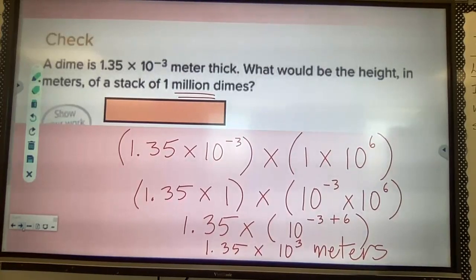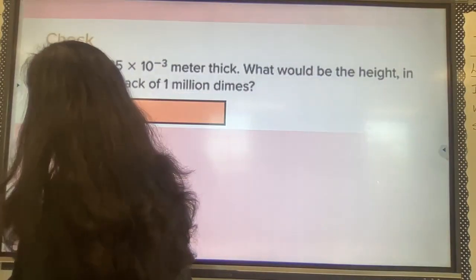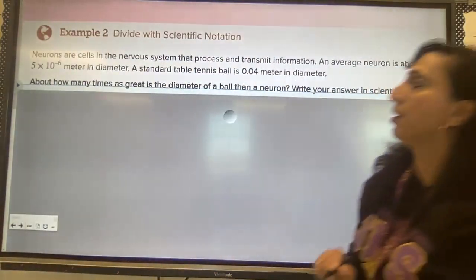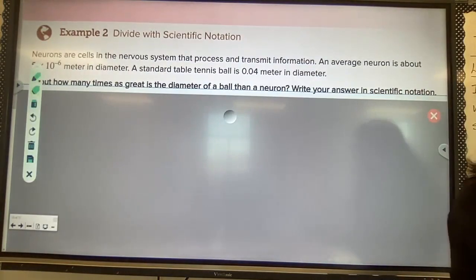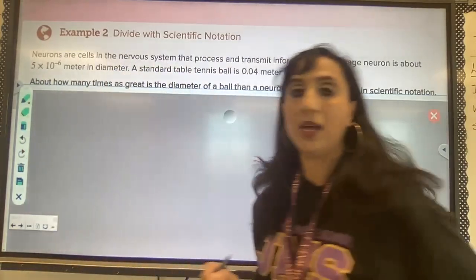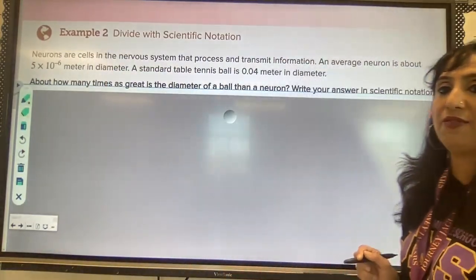Now, this was with multiplication. Now let's go on into division. So neurons are cells in the nervous system that process and transmit information.